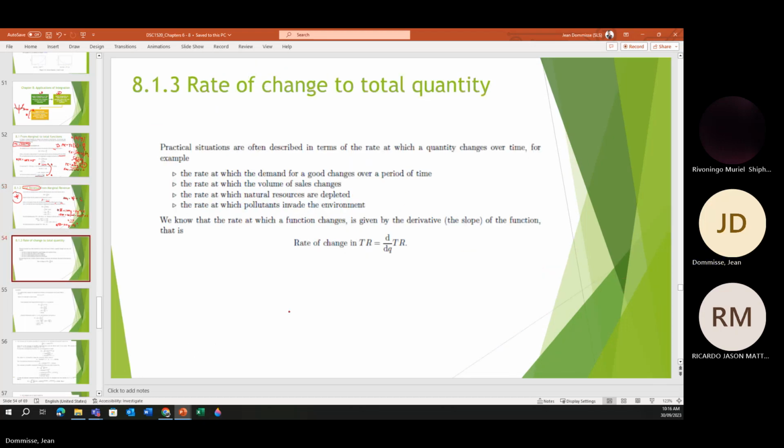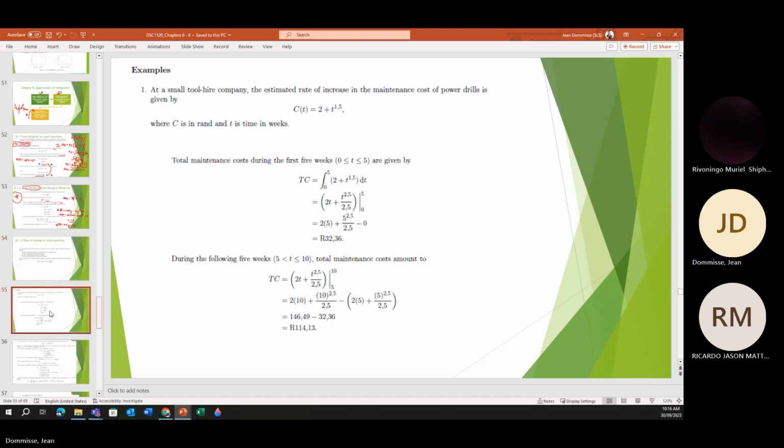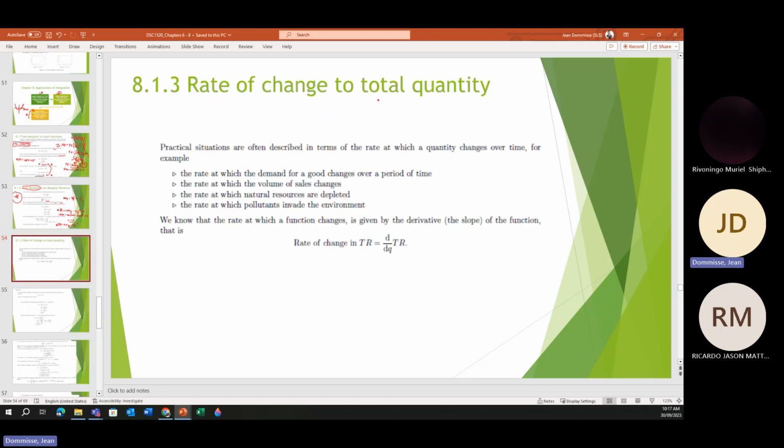Okay, then rate of change, and rate of change again. I think the important thing here is we work rate of change exactly the same as looking at a formula and putting two values in. So again, it was easy when we did a line like that, because the slope would have been your rate of change.